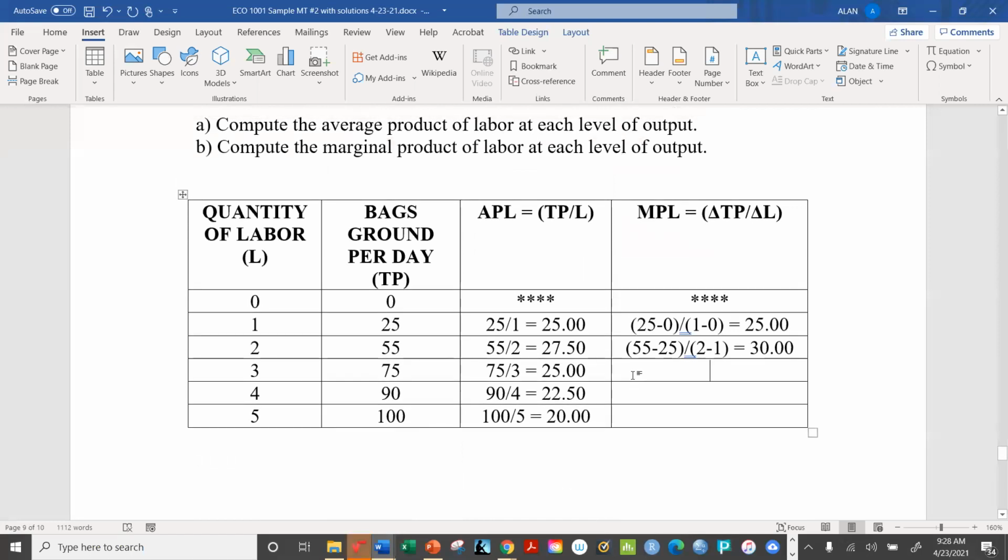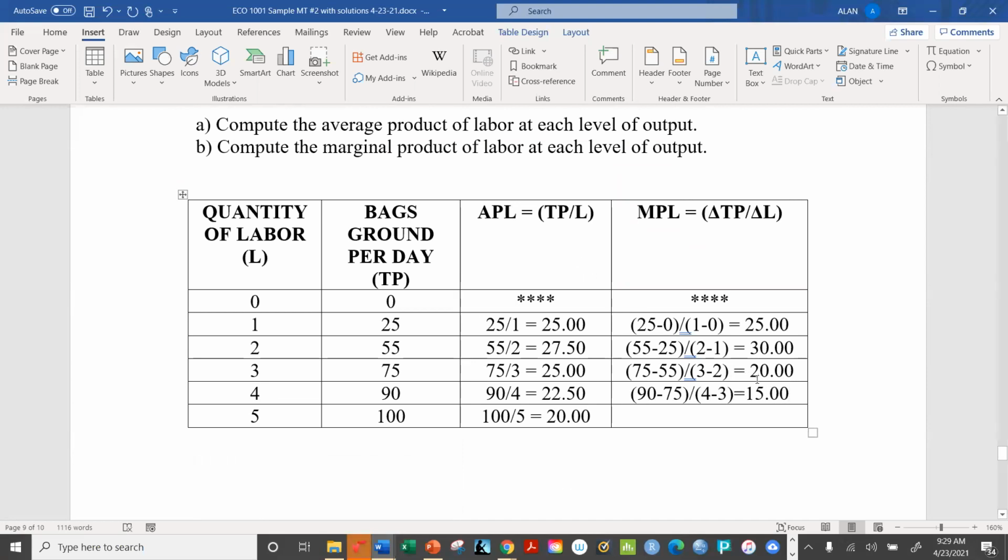For the next row, we went from 55 to 75 when we added a third unit of labor, so that one's equal to 20. Then we have 90 minus 75 over 4 minus 3, which is 15.